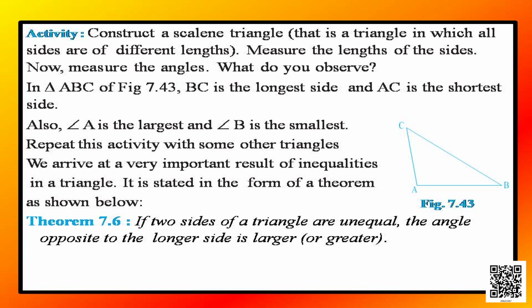We may also prove this theorem by taking a point P on BC such that CA is equal to CP, as it is given in your figure 7.43. You need to draw this triangle ABC and by taking a point P on BC such that CA is equal to CP, we can perform another activity to prove the theorem.